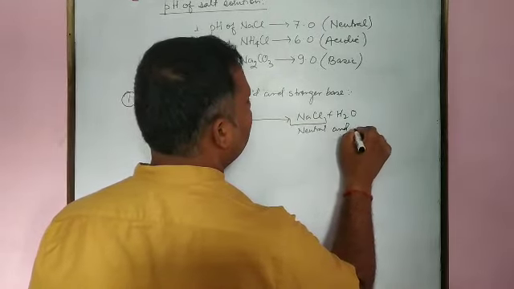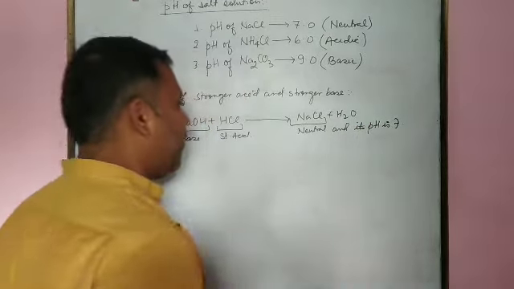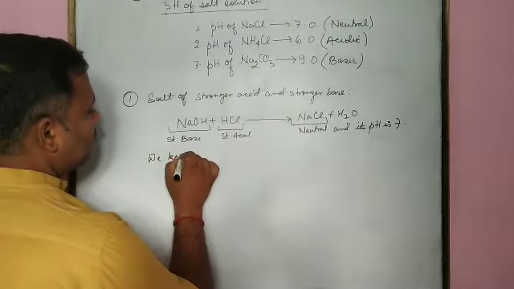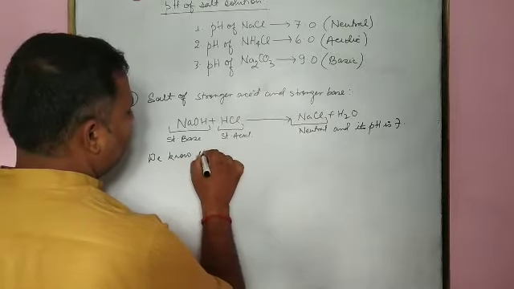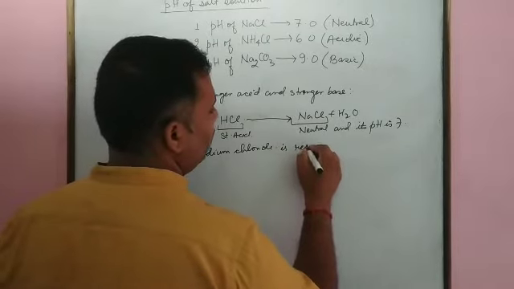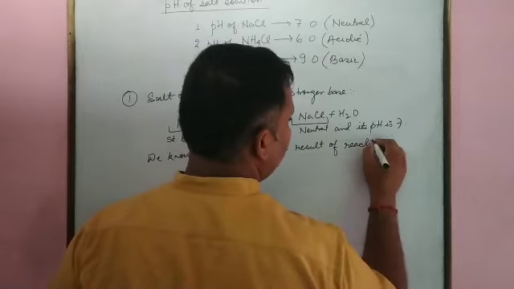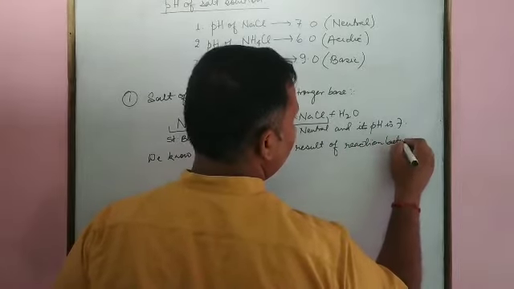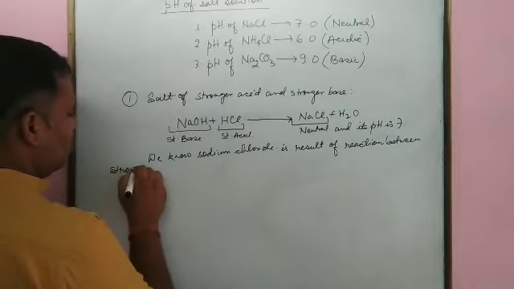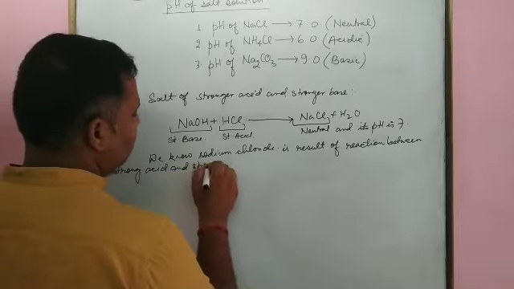And its pH, what do we know? We know sodium chloride is the result of a reaction between a strong acid and a strong base.